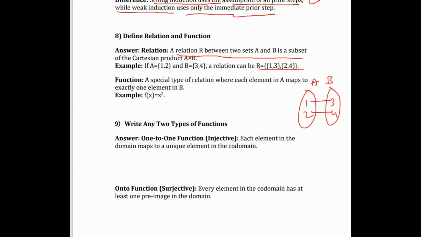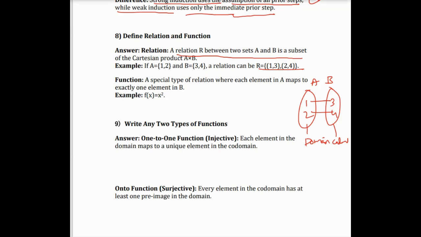Okay. So we'll be writing the first element from the domain and the second element from the codomain. This one is called the domain and this is called the codomain. So always you'll have a set of domain and codomain elements. The connection between the first element and the second element is also called the range.